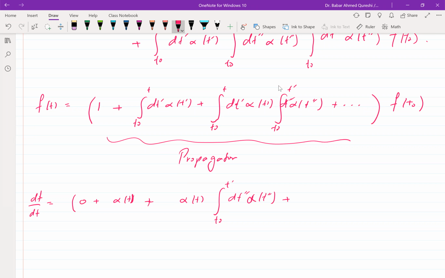Then again, you remove the... wait, yeah. So you bring out an alpha of t, you put in the upper limit.